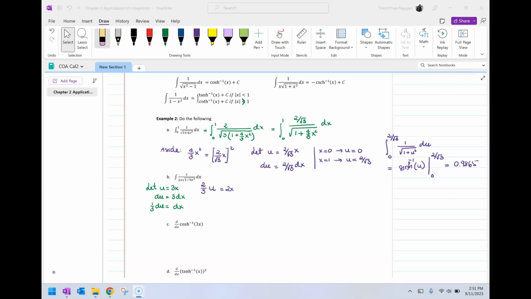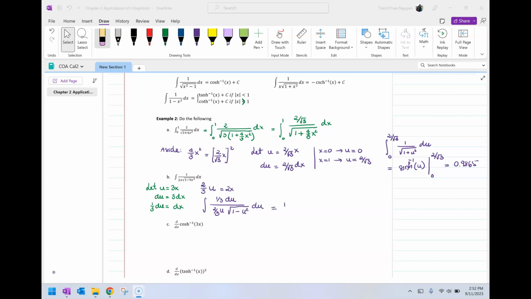I substitute this whole thing into my integral. Then I will get 1/3 du divided by 2/3 u times the square root of 1 minus u squared.